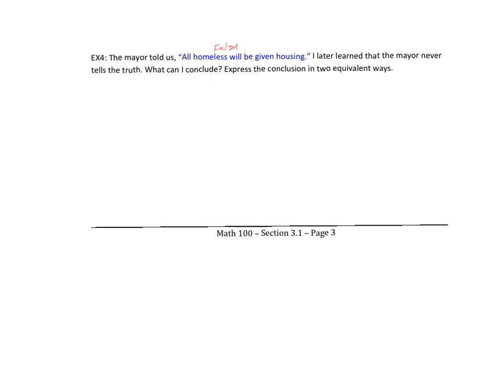This all statement's negation will go to some will not. All will be goes to some will not.